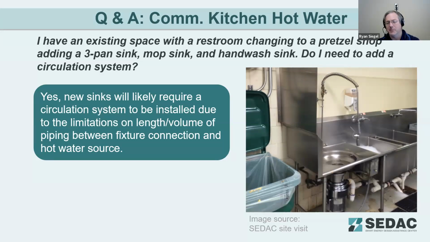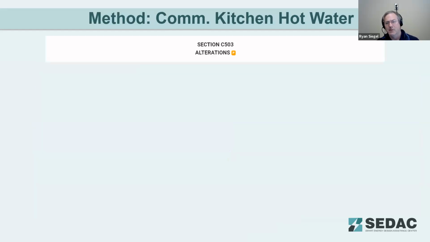This is something that does come up: there is a substantial difference in provisions between residential and commercial. Commercial has a fairly low limitation as far as the length or volume of water between the fixture connection and a source of heated water. So, again, we're going to start in 503 to make sure we get sent back to chapter 4.